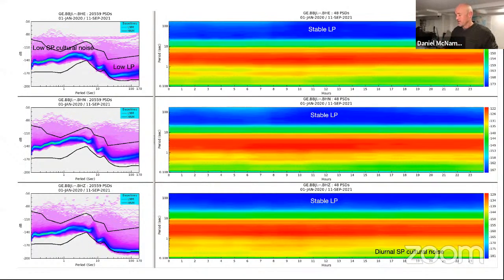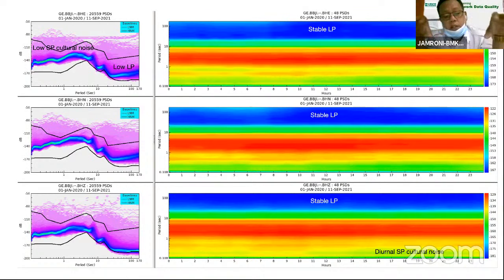It's very good. Excuse me, Mr. Daniel. Yes. I want to ask about the horizontal component and vertical component for this slide and the previous slide. Why is it so different?